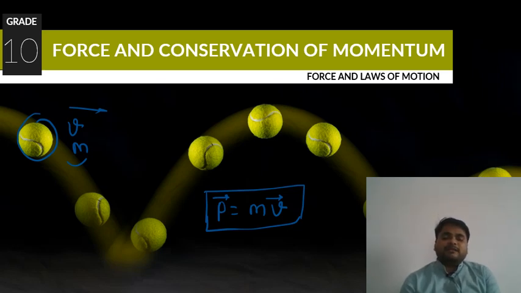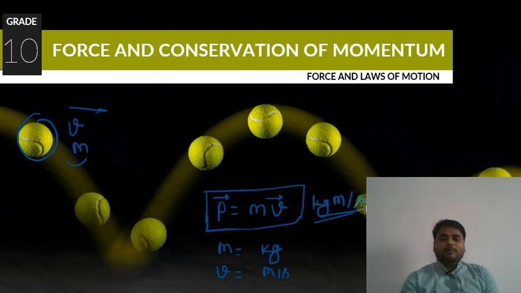The unit of mass is kilogram and the unit of velocity is meter per second, so the unit of momentum will be kilogram meter per second.